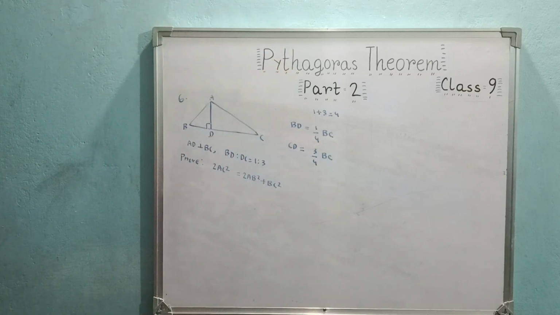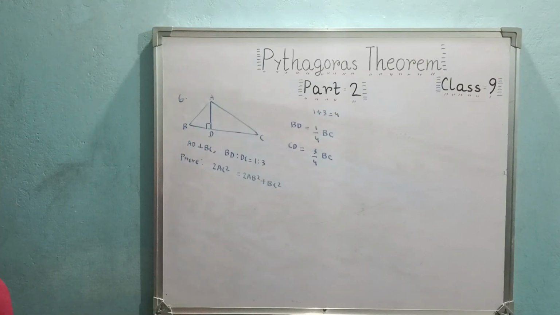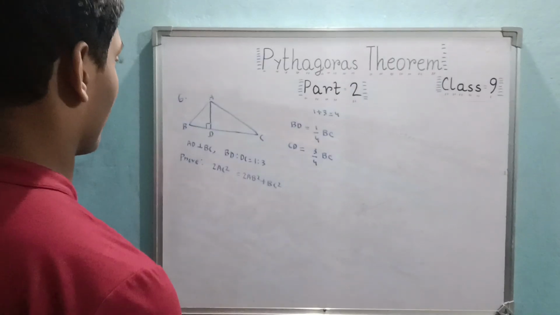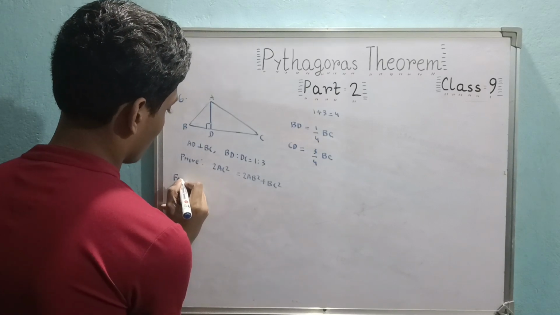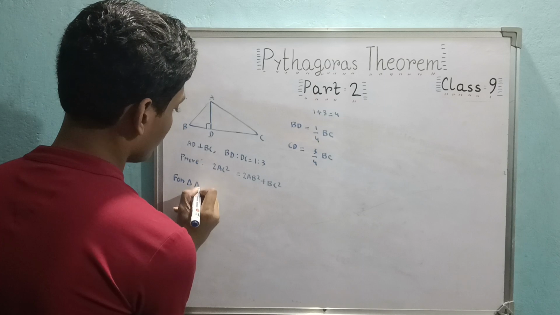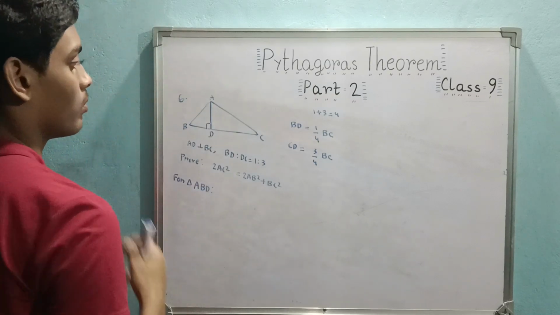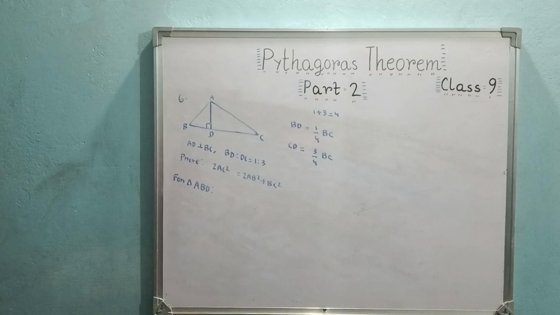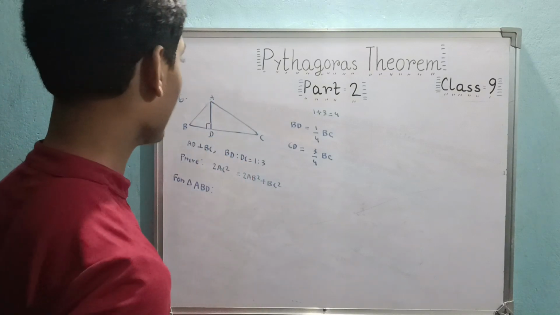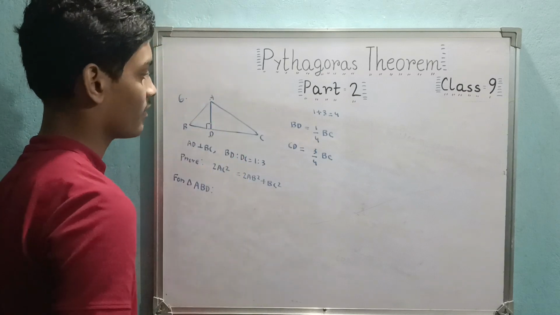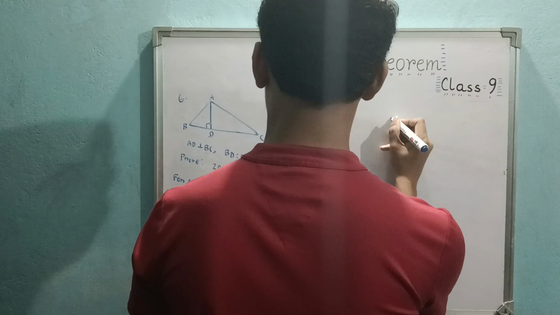Okay. Now, for the two right angle triangles, we have to frame the equations. For triangle ABD, again see, the right angle is on this side, so we have to rotate it like this.